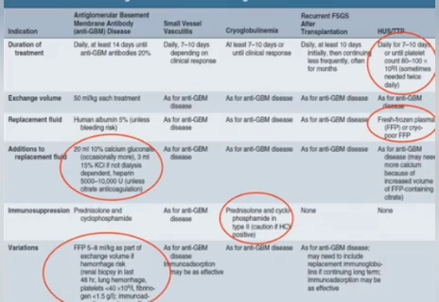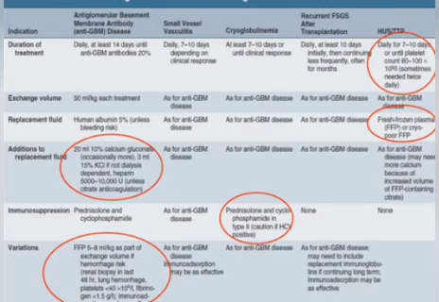Important variations: in anti-glomerular basement membrane disease, fresh frozen plasma, 5 to 8 milliliters per kg, as part of the exchange volume if there is hemorrhage risk: renal biopsy in the last 48 hours, or lung hemorrhage, or platelets less than 40,000, or fibrinogen less than 1.5 grams per liter. Immune absorption may be as effective as plasma exchange.